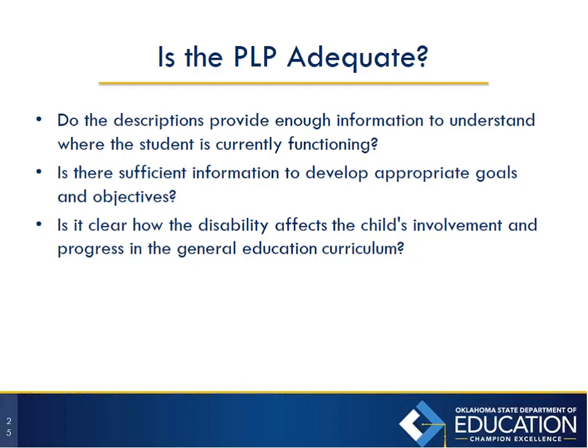So with these questions, you might want to just take a mental note of this particular slide, because every time you are writing present levels of performance, you're evaluating the quality of your own composition of a present levels. So this slide addresses some of those key questions of, hey, did I do a good job on my present levels of performance? These are guiding questions that you can think of too. Did I give enough context for anyone reading this to have enough information to know where the student is currently performing?